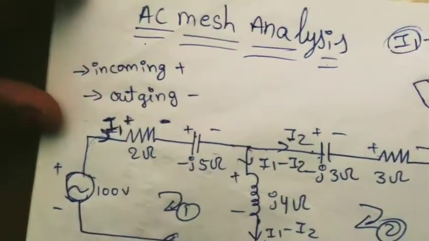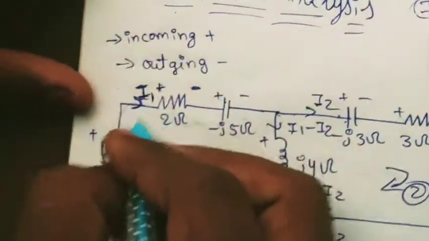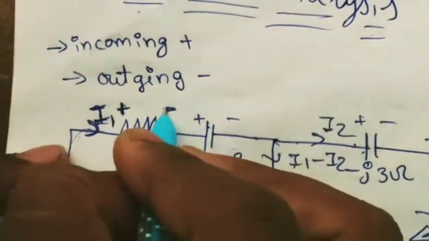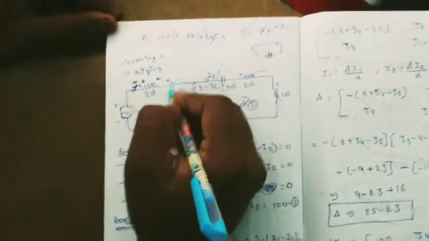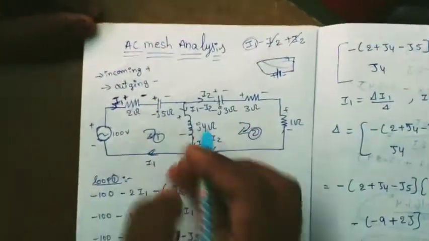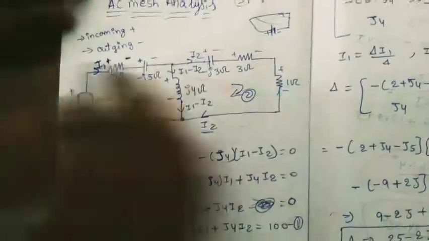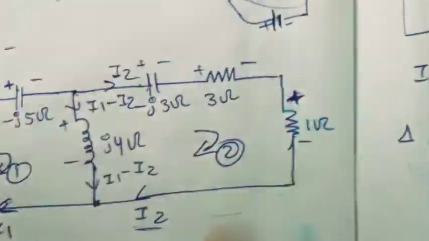So as per that, incoming is positive, so here this current is incoming, I make this the positive terminal, and outgoing is negative. So by this, here it's positive and negative. I have made this for everything, meaning the capacitor and resistance, I have marked all of them for this problem.